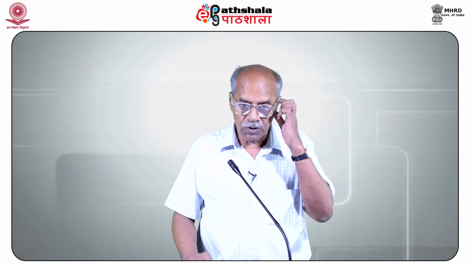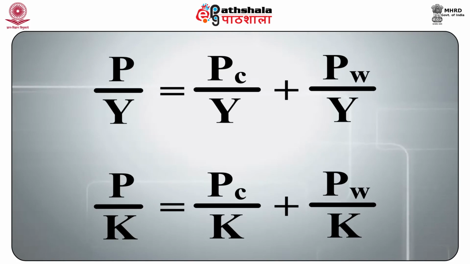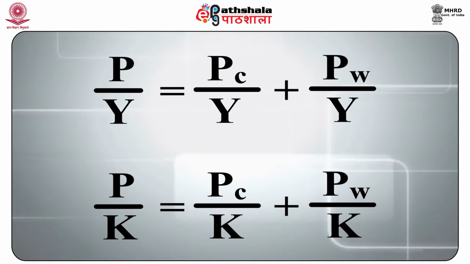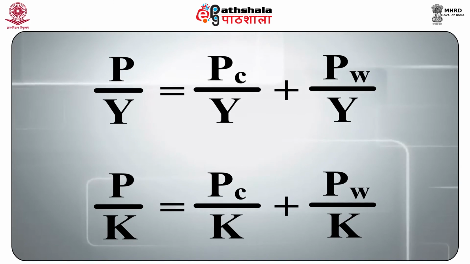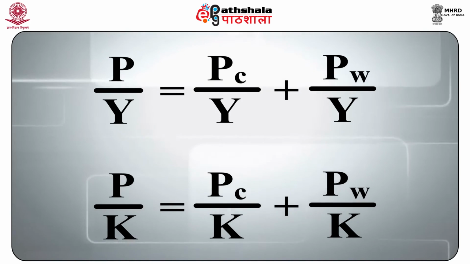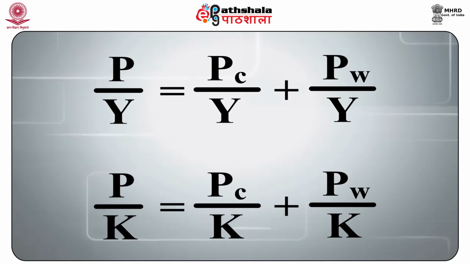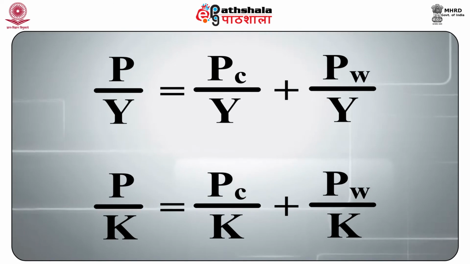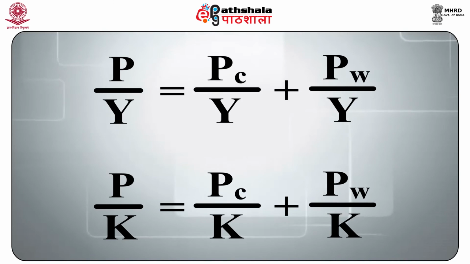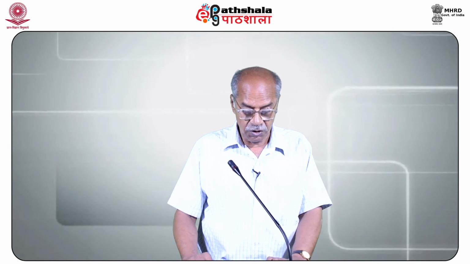So, putting these values in equations 8 and 9 on both sides, we get equations 10 and 11. Equation 10 shows the share of total profit in income, which is equal to PC upon Y plus PW upon Y. And the rate of profit is equal to PC upon K plus PW upon K. We already know PC upon K from equation 9.